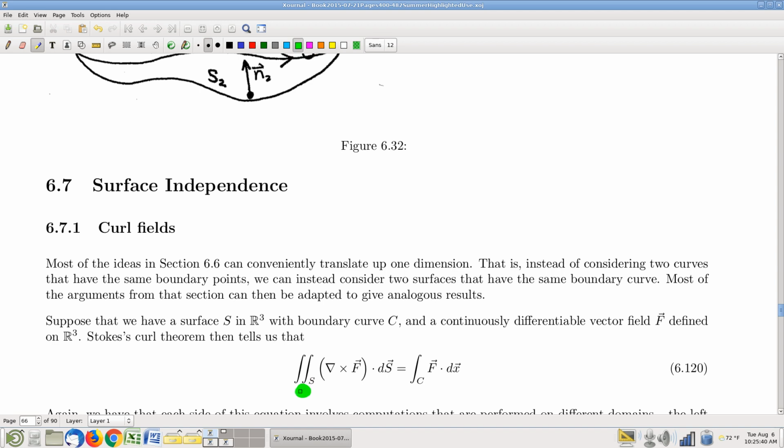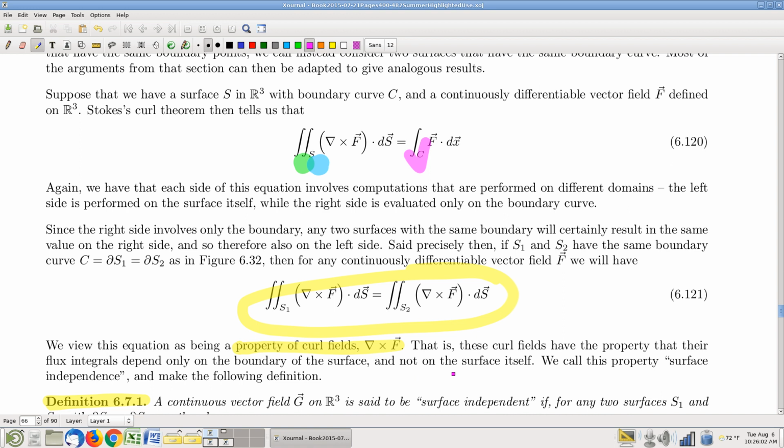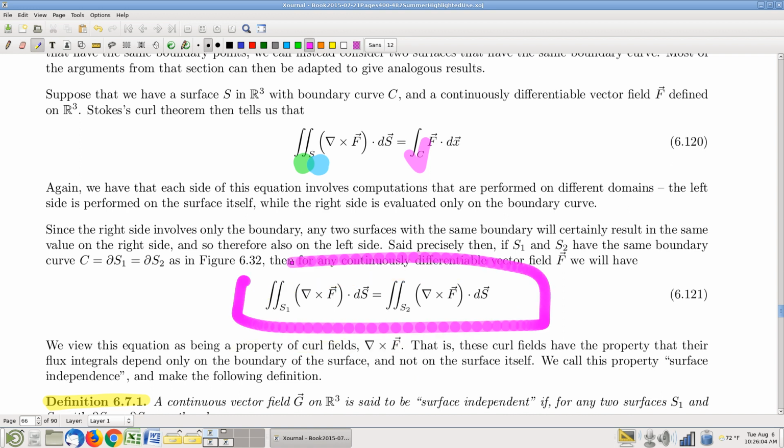The green surface, the blue surface, they have the same boundary curve, and therefore the flux of a curl field through those two surfaces, those are line integrals across the same shared boundary curve, and so you're going to get the same answer. And so therefore, these two fluxes are going to be equal. Everybody on board?